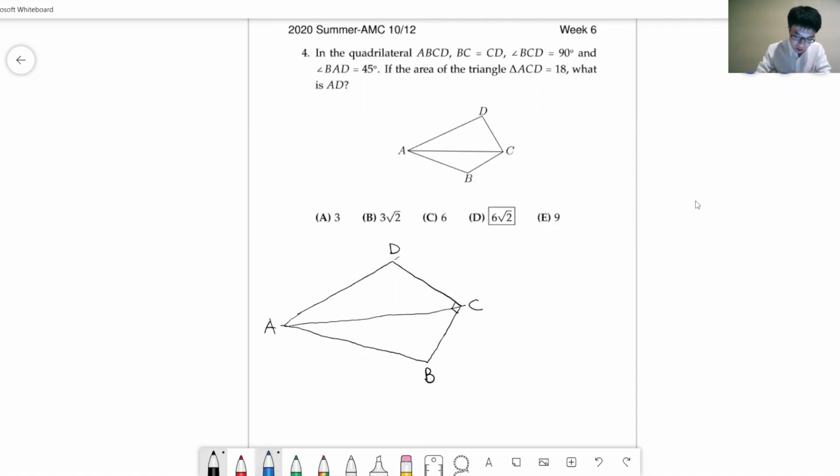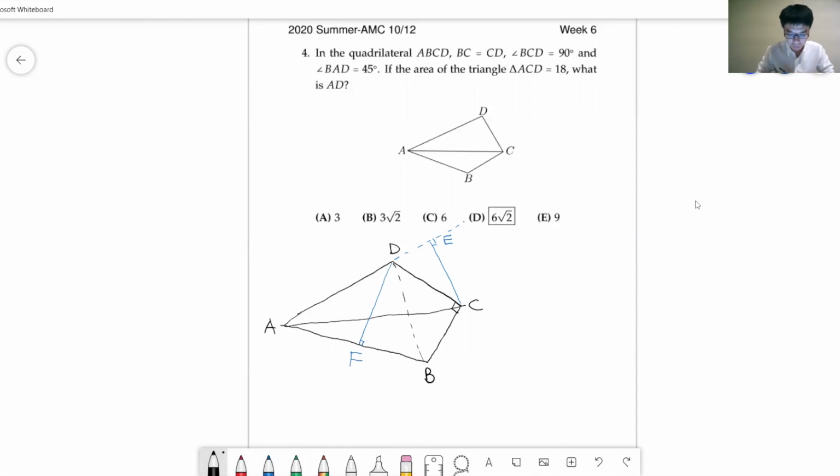Extend AD in the direction of D. Then we draw this altitude from C to AD. Let's call this foot E. And we also draw the altitude from D to AB, so the foot is F. We can also connect DB.